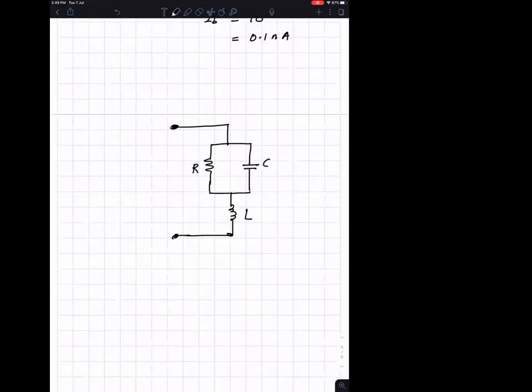So what is the input impedance looking into this? Input impedance looking into this is R parallel with, we call the impedance of this ZC and the impedance of this Z sub L, R parallel with ZC plus ZL. So that's the impedance looking into it.